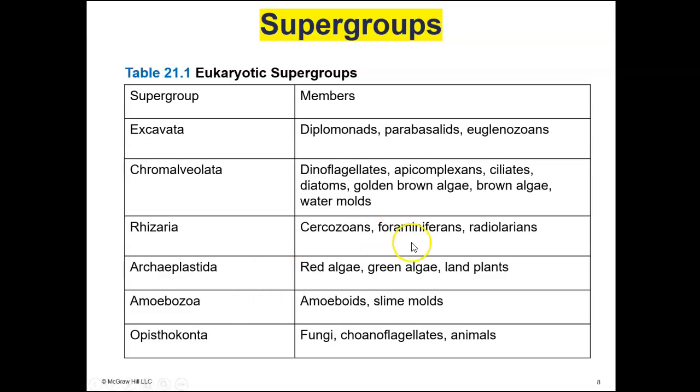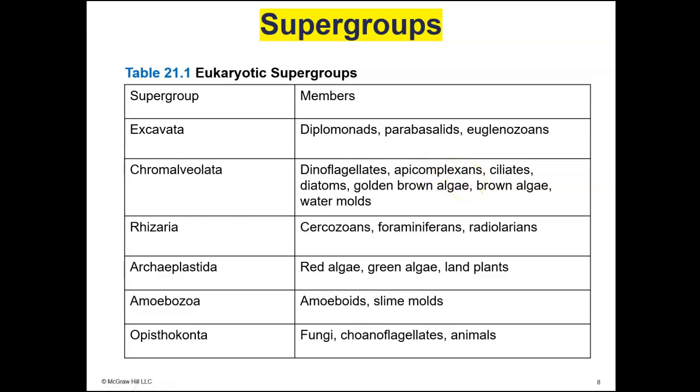These are not names that you say in typical conversation. These are organisms that aren't common. We don't talk about them every day. Maybe the algae, but you probably never heard of a diplomonad until we just started this chapter. You may have never heard of an apicomplexan, even though I know you've heard of malaria, which is caused by an apicomplexan.